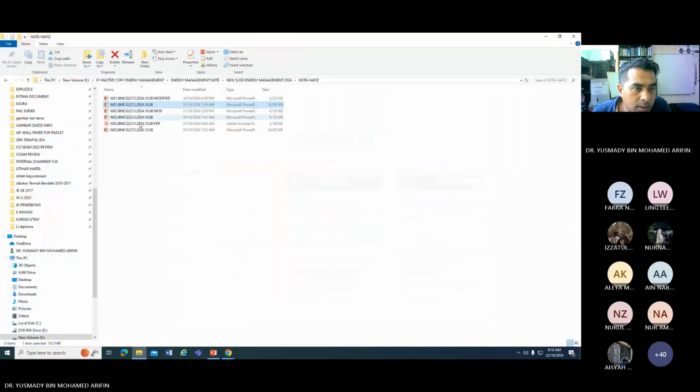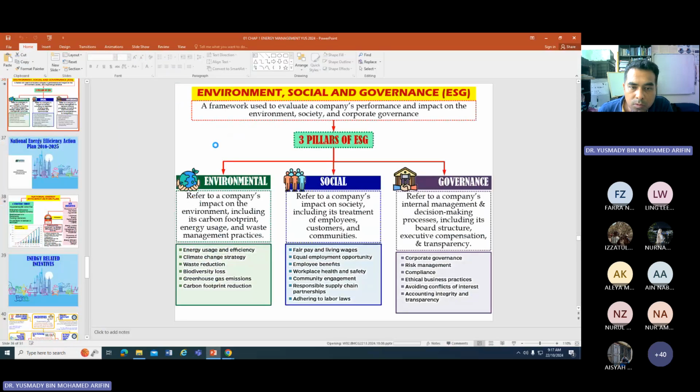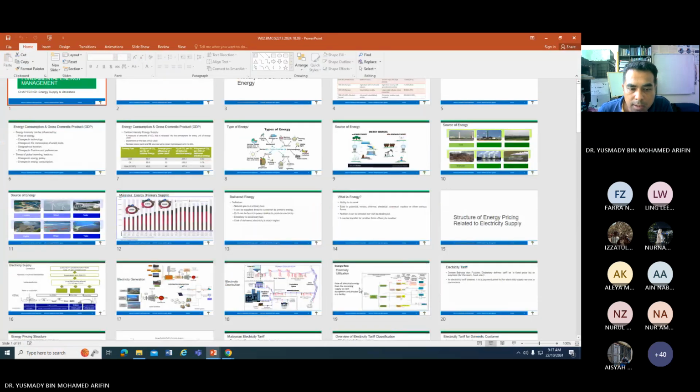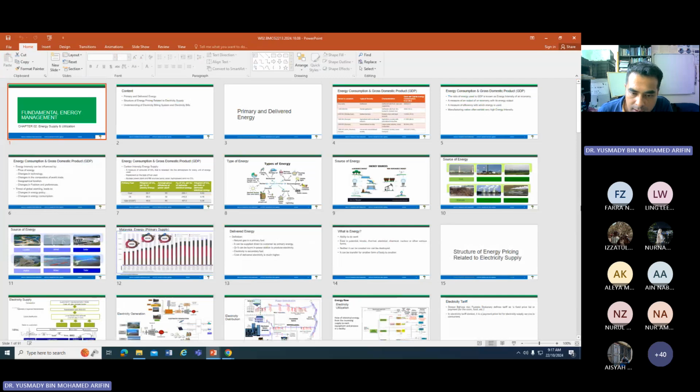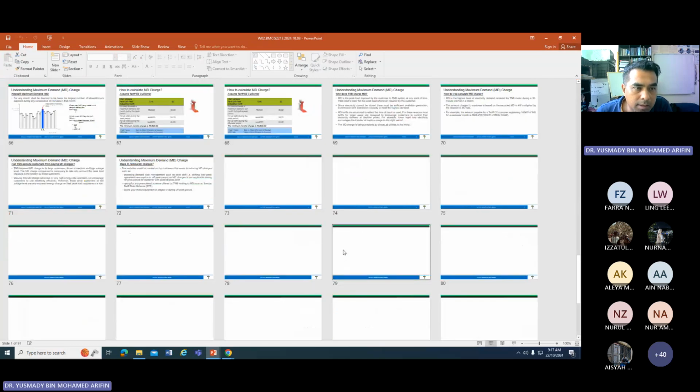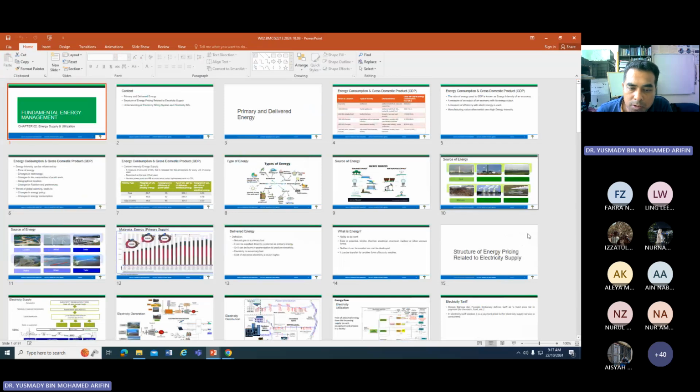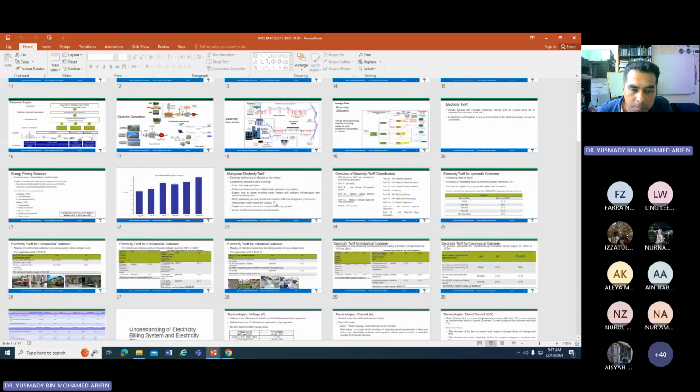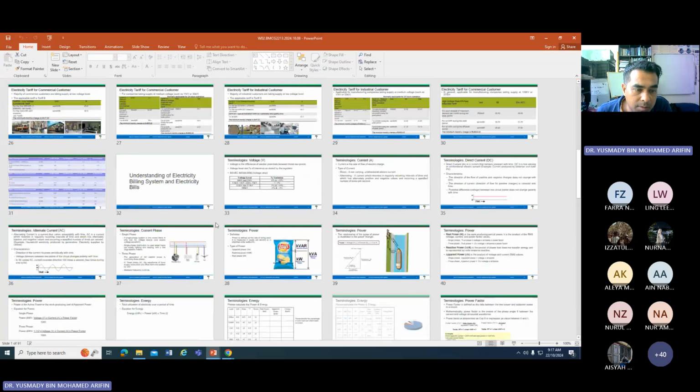Kalau saya dah ada chapter 1, chapter 2, chapter 3 kalau kita tengok kat sini. Yang ni adalah chapter 2. Chapter 2 saya tunjuk dulu. Yang ni. Kalau saya tak sempat, saya akan bagi nota ni saja. Solid nota ni. Kalau saya sempat, saya akan bagi you punya nota yang dah dicompress, yang tak ada animation.